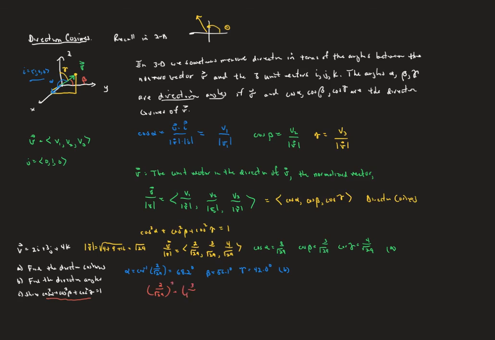And 3 over the square root of 29 and square that. And 4 over the square root of 29 and square that. So that's going to become 4 over 29 plus 9 over 29 plus 16 over 29. So that is, again, 29 over 29, which is 1, which is what we wanted to show. Very good.